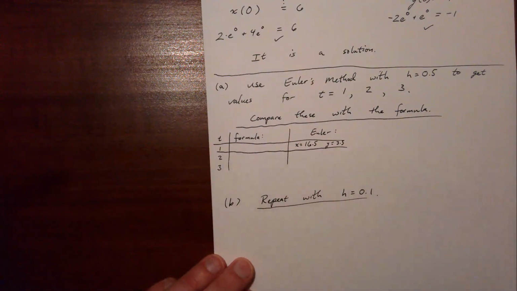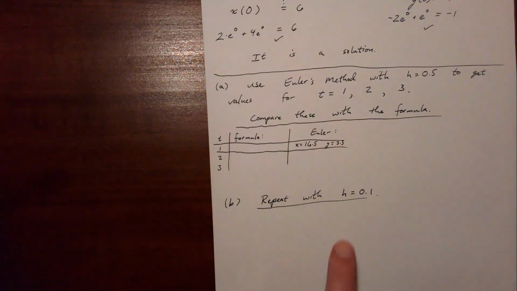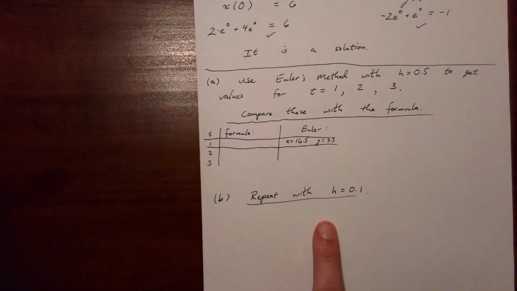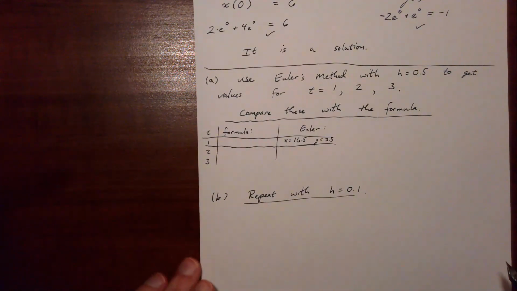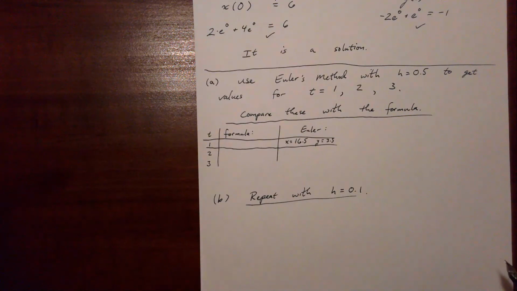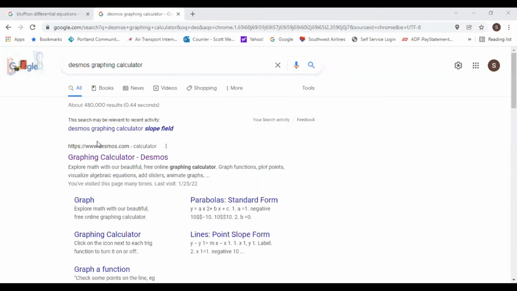But we're not going to continue drawing that out, and we're certainly not going to do it 10 times to get this by hand. Instead, we're going to switch over to Bluffton and see what technology can tell us for these values.